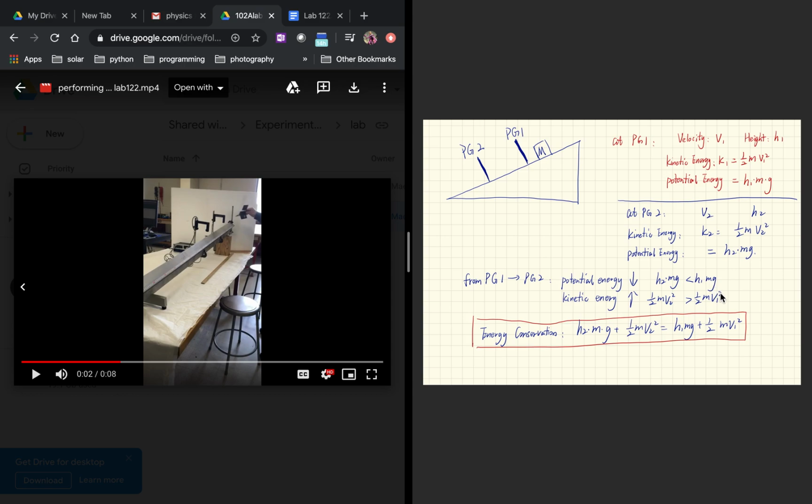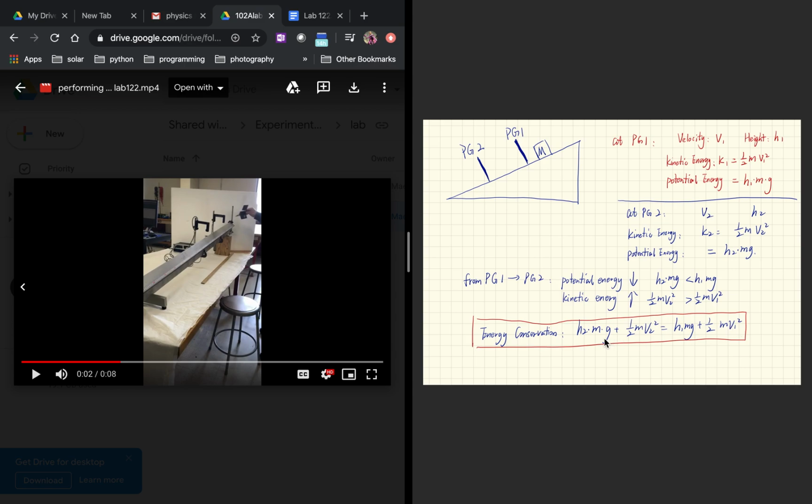So what you are going to do in the data analysis or in your calculation part is measure H2 and H1, V2 and V1, and also the mass of the glider. Then what you have to do is verify that H2 times m times g plus 1 half times m times V2 squared equals H1 times m times g plus 1 half times m times V1 squared.